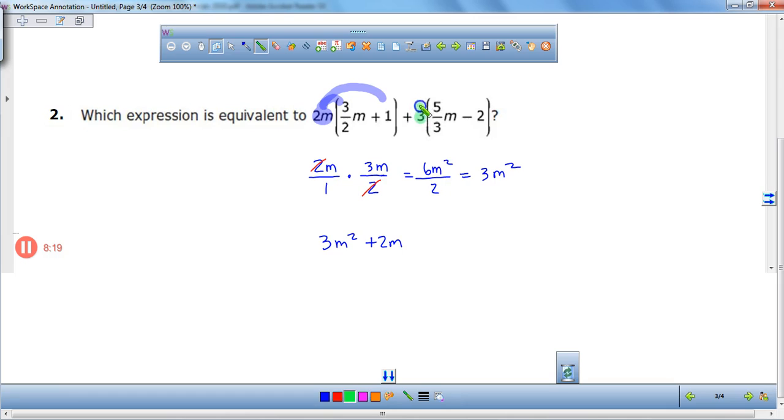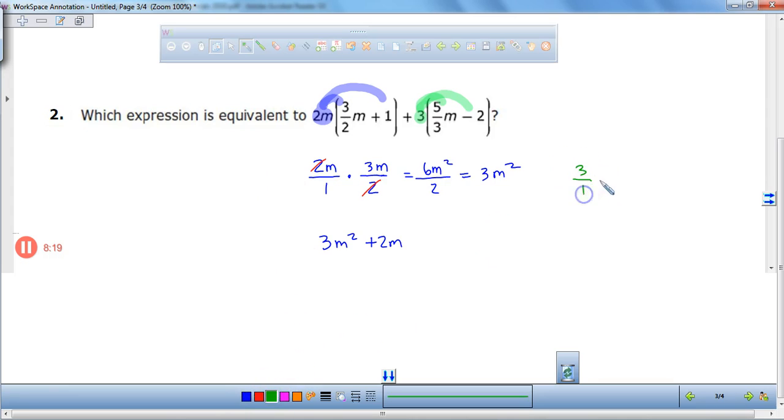So we have 3 times 5 over 3m and 3 times negative 2. Let's do 3 over 1 times 5, and I'm going to put the m right next to the 5m over 3. 3 goes into 3 one time. I'm simply left with 5m. Now 3 times 5 is 15, divided by 3 still gives you the 5, so I'll put plus 5m, and 3 times negative 2 is negative 6.